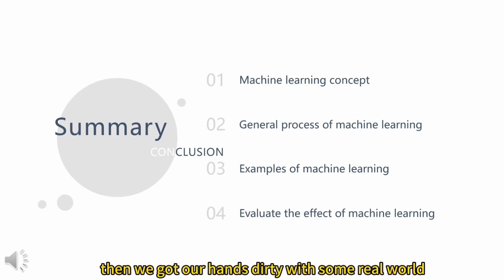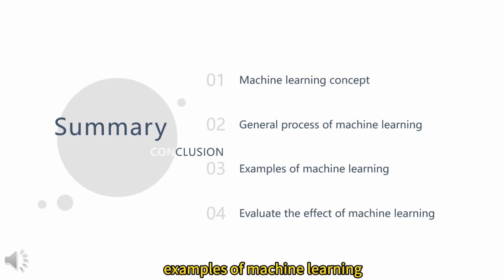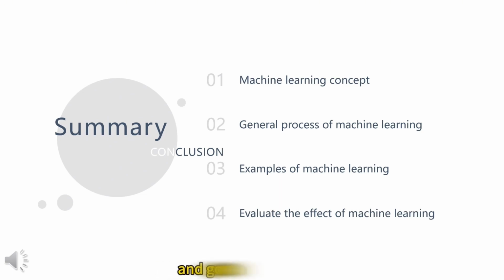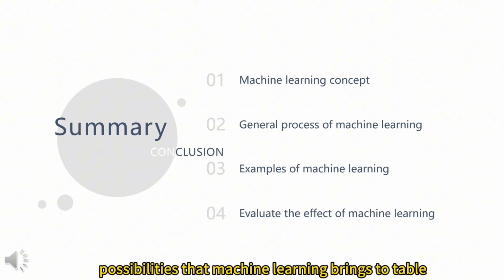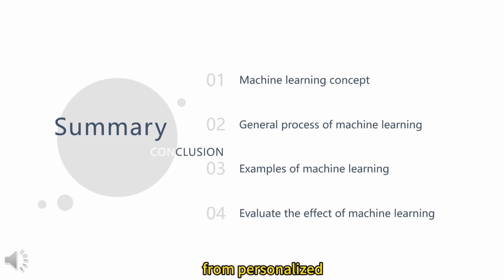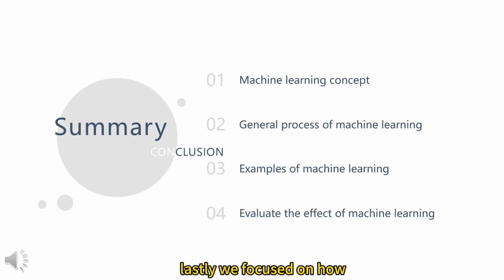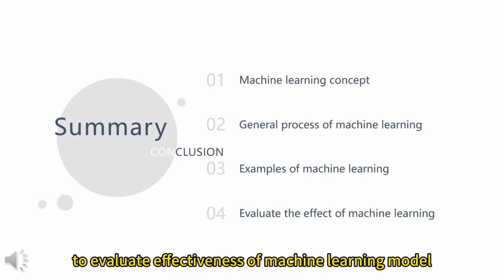Then we got our hands dirty with some real-world examples of machine learning. We saw how this concept applies in practice and got a taste of the exciting possibilities that machine learning brings to the table, from personalized recommendations to autonomous vehicles and so much more. Lastly, we focused on how to evaluate the effectiveness of a machine learning model.